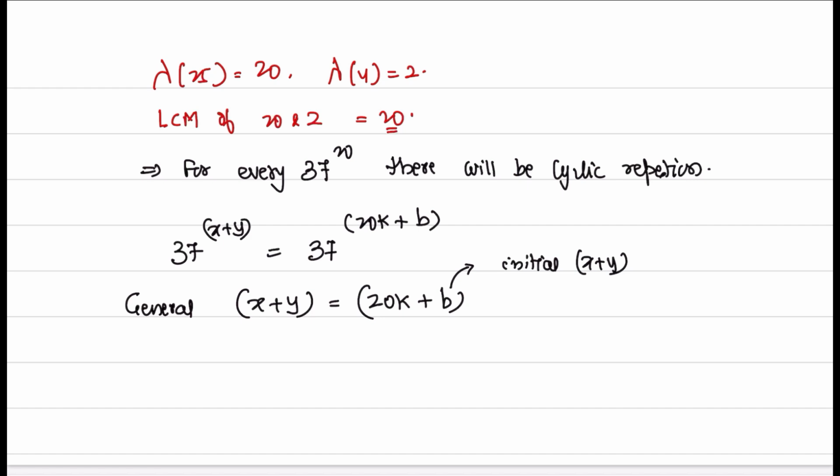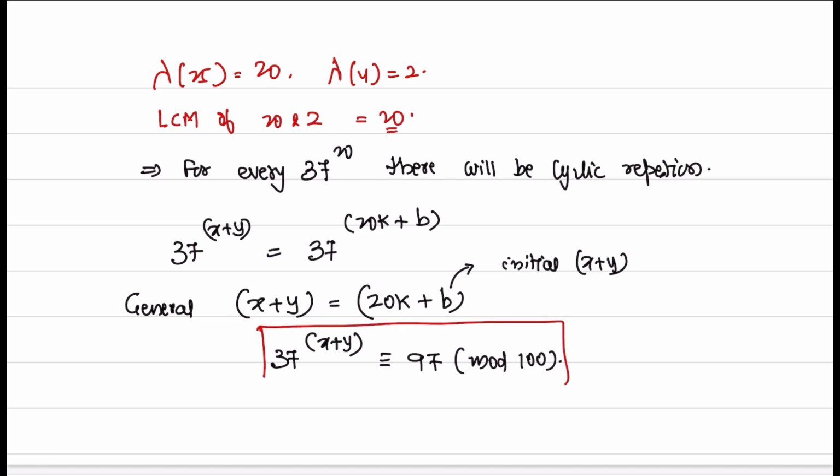Now, let us find the initial value. At the initial value, 37 to the power of x plus y is equivalent to 97 modulo 100. This is what we have to solve.